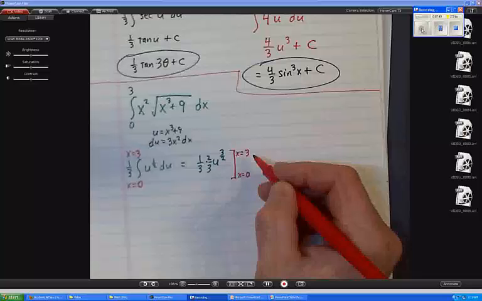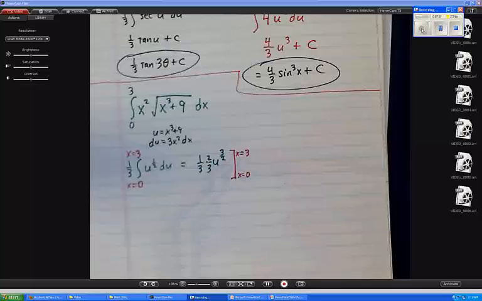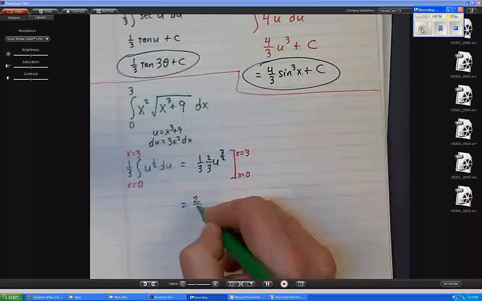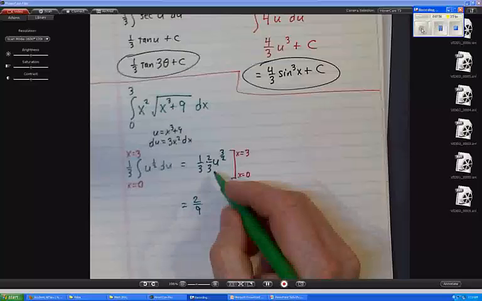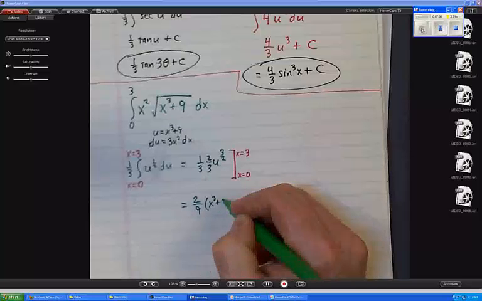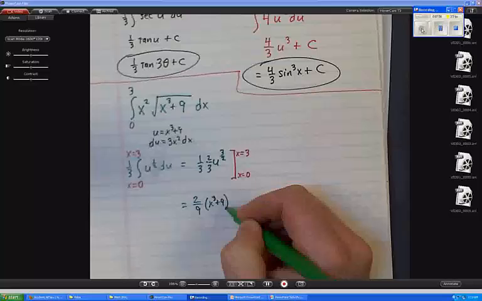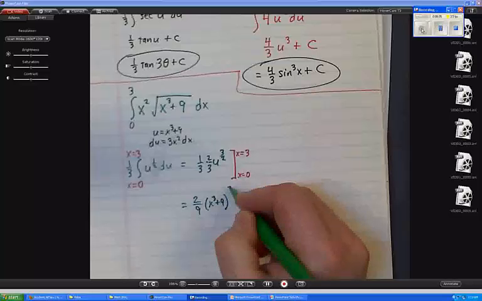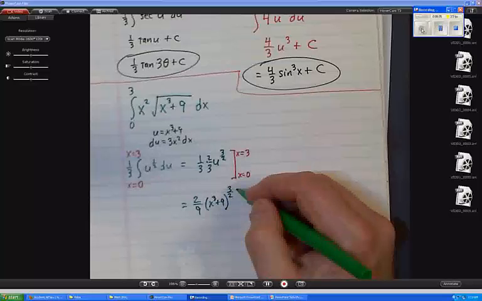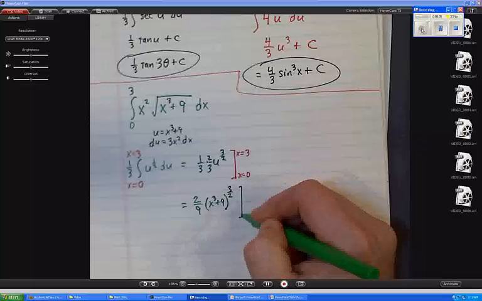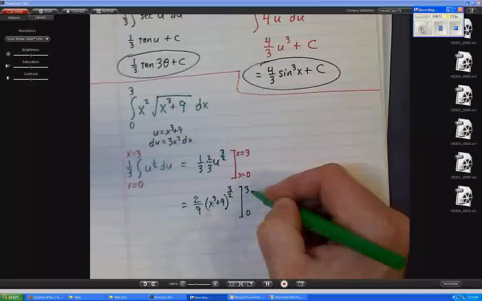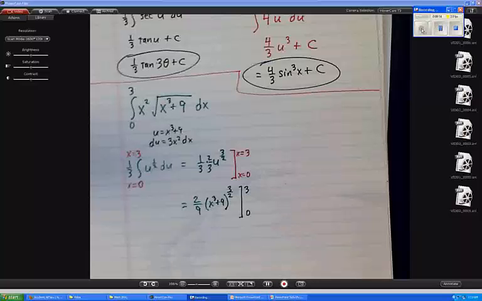Does that make sense? And now, let's see what I have. 2/9 of, and u is this x cubed plus 9. So let's write x cubed plus 9 to the 3/2 power. And now we will plug in a 0 and a 3. Does this make sense?